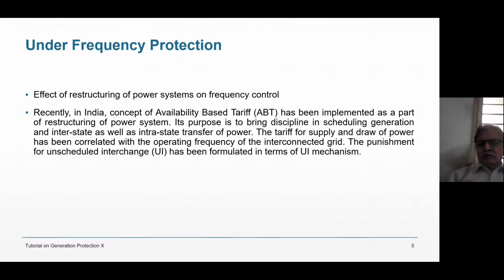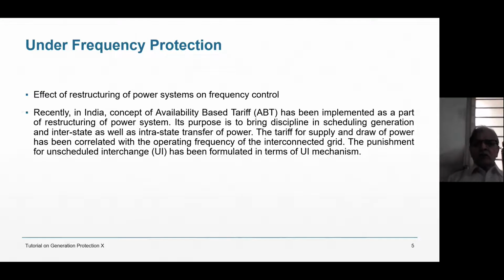All these things came after restructuring of power. You see, earlier it was GEB, now GETCO is the transmitting company, MGVCL, UGVCL, PGVCL, DGVCL are the distributing companies, and GSECL is the generating agency.